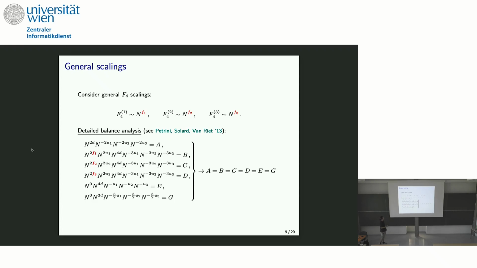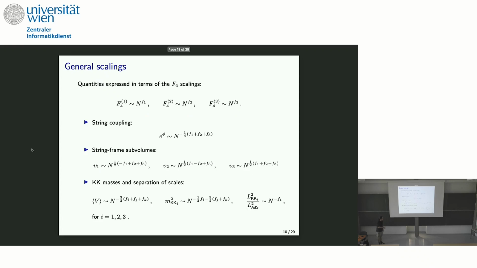So if I take F1, F2, and F3 to be different, those other terms, which is the scaling of the internal space moduli and the scaling of the 4D dilaton, should compensate such that those equations are always equal. This means that if I perform this analysis, if I require this, I can go back and write all of my quantities in terms of those 3 fluxes.